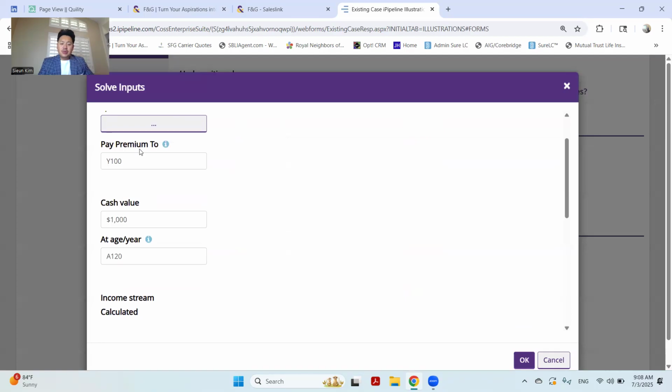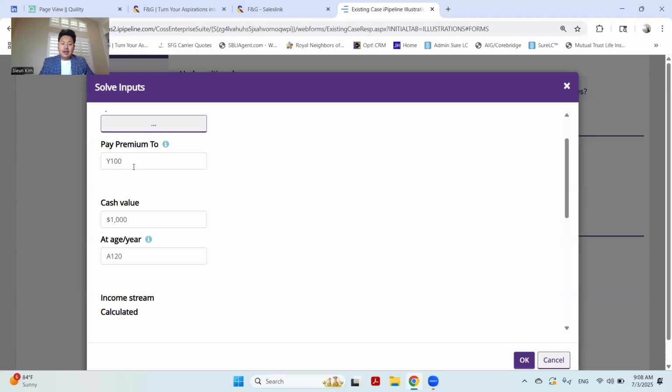And pay premium to, this is something that you guys should remember. Pay premium to literally means how long the client is going to pay the premium until. If you're going to be doing a particular solve, like I'll show you an example solve that I really like.